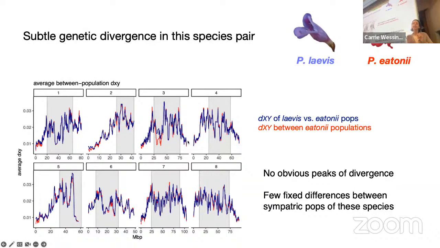And these lines are nearly right on top of each other. And also, by the way, there are very few fixed differences between these guys. So clearly there's a lot of gene flow in this species pair as well.